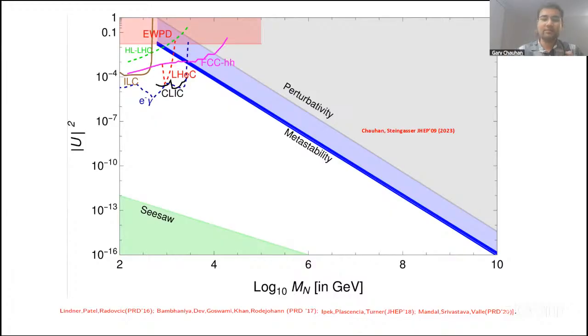But you can still have constraints coming from theory, because you want the vacuum of this extended standard model to be stable. If you add fermions into your theory, it can make the metastable vacuum problem in the standard model even worse. So you can have bounds from there on the mixing angles through perturbativity and metastability.